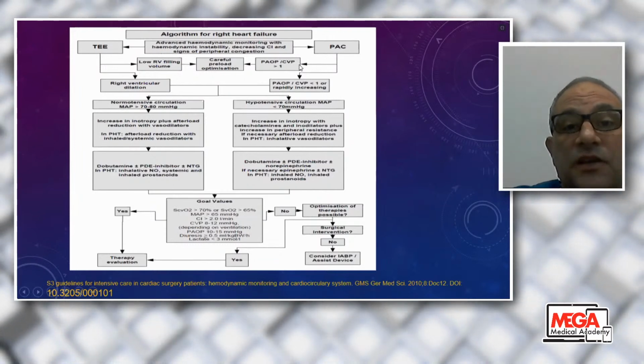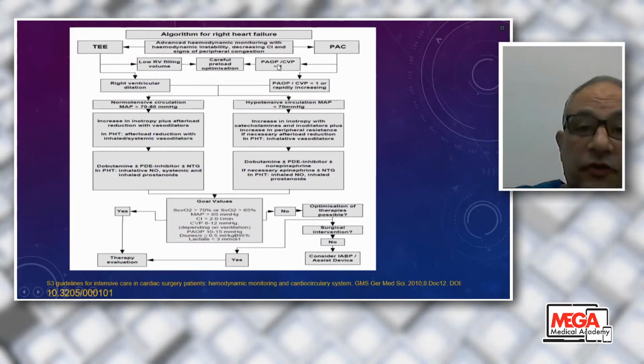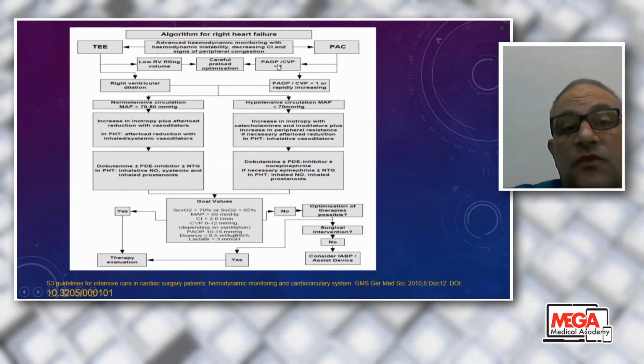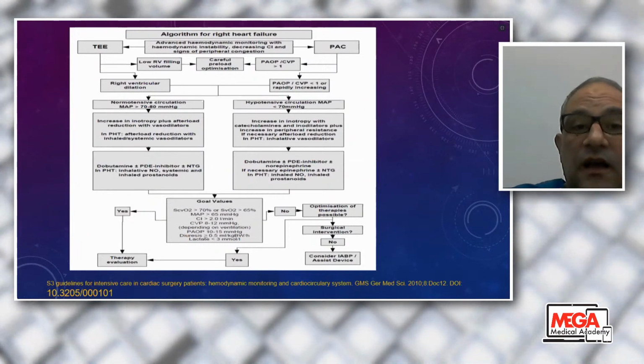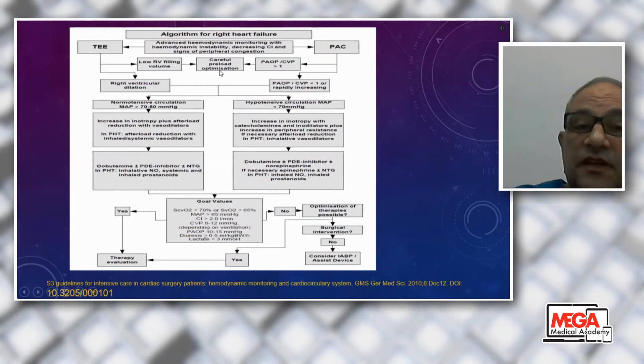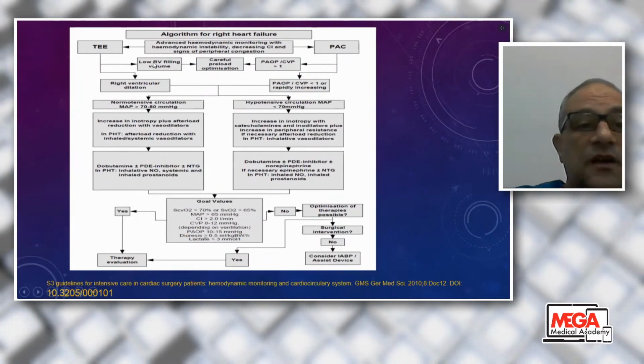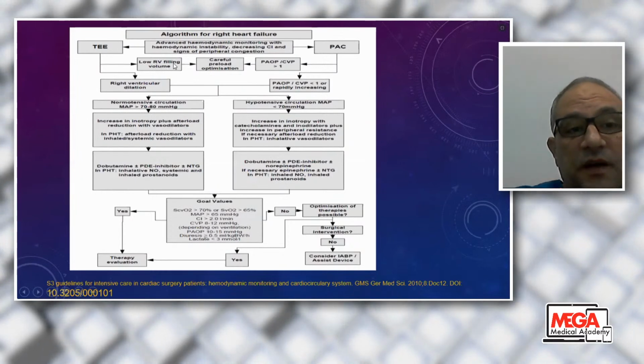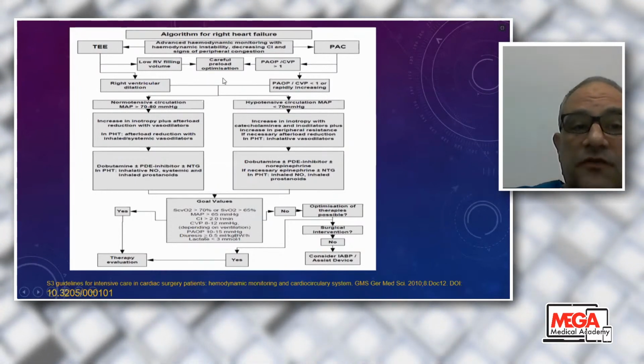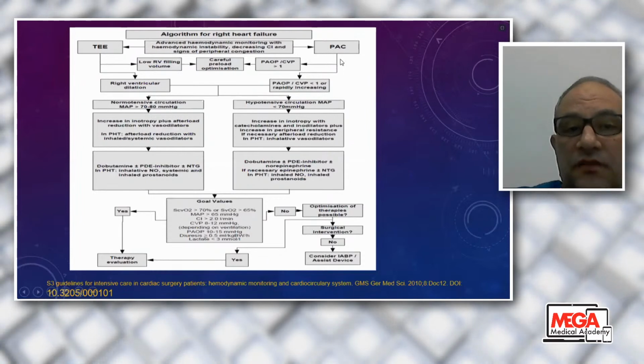If my patient is hypovolemic, which means that the pulmonary artery occlusion pressure is higher than the central venous pressure, I will increase the preload. This can be diagnosed by transesophageal echo by finding low right ventricular filling volume, or by the pulmonary artery catheter.